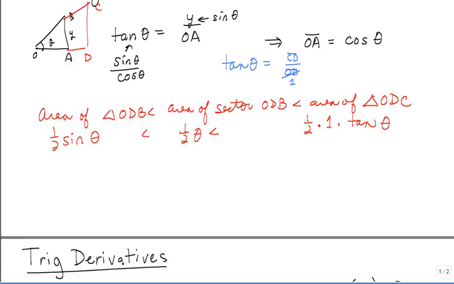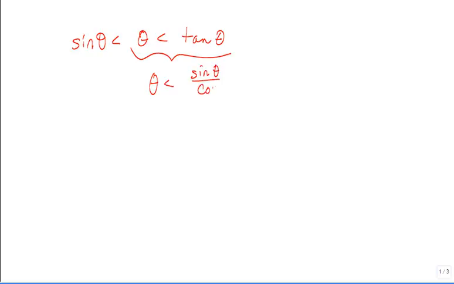So let's go to a new page. What we have is sine theta less than tangent theta. Now if we just look at this, then that says theta is less than sine theta over cosine theta, or cosine theta is less than sine theta over theta.